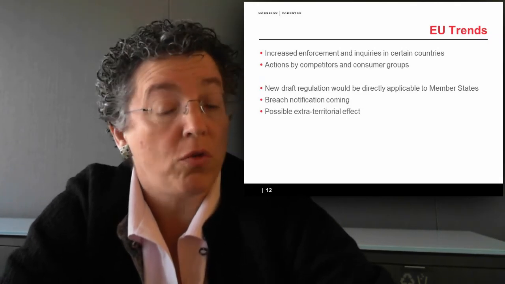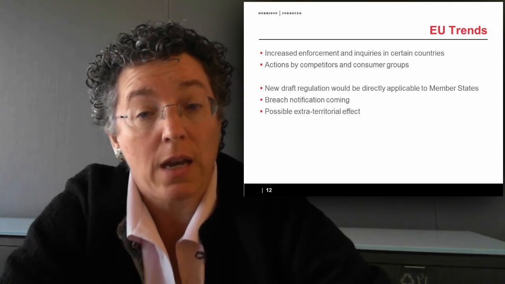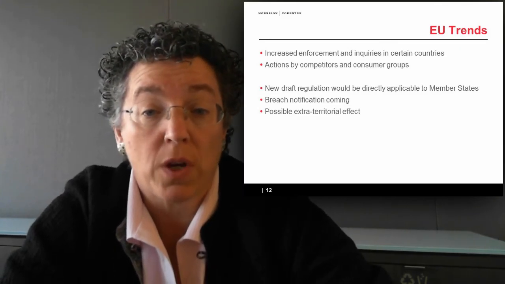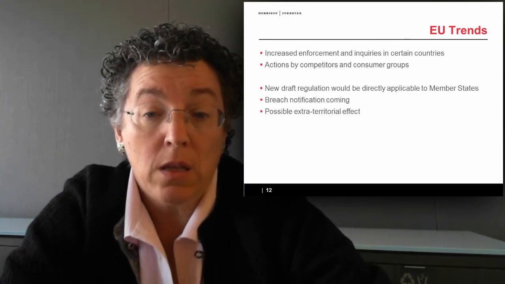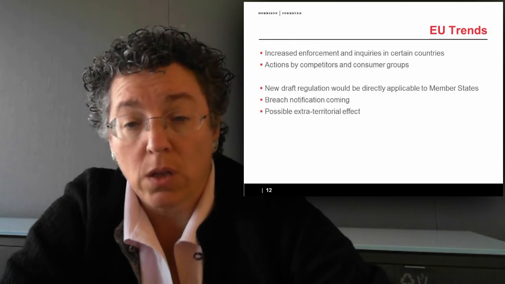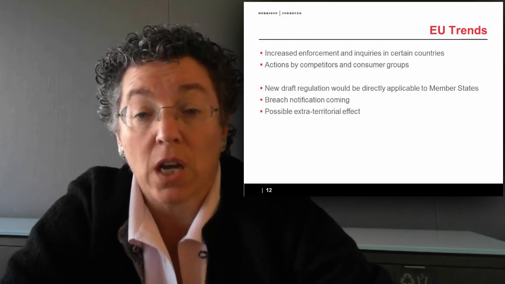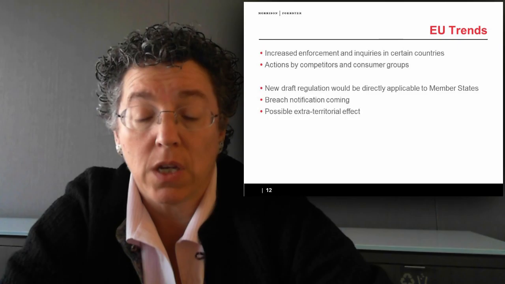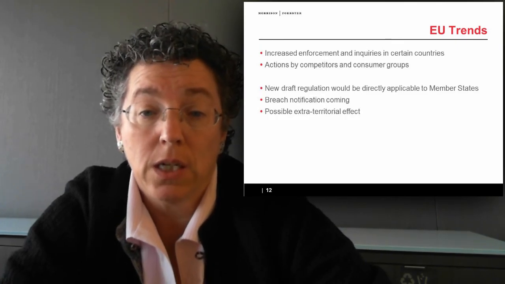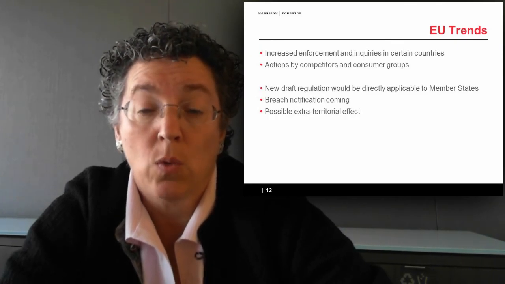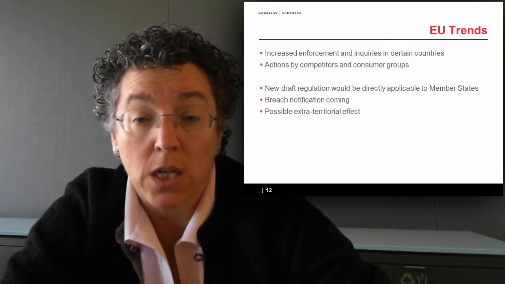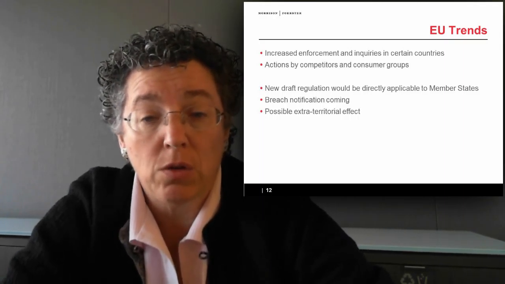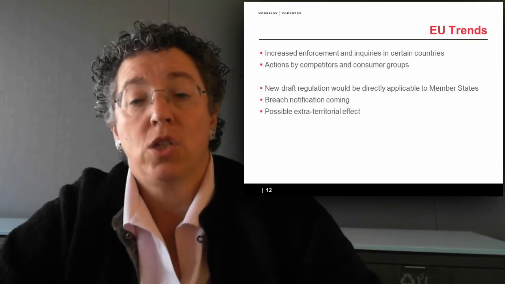There will be breach notification in the regulation, and we definitely expect to see more countries adopting breach notification obligations. And the other interesting thing about the regulation is that it does have an extraterritorial effect, meaning companies outside of the EU that target EU citizens will be covered by the new regulation if it is adopted as it's currently drafted. So there's a lot happening in the EU, and you do need to keep an eye on changes in the EU.